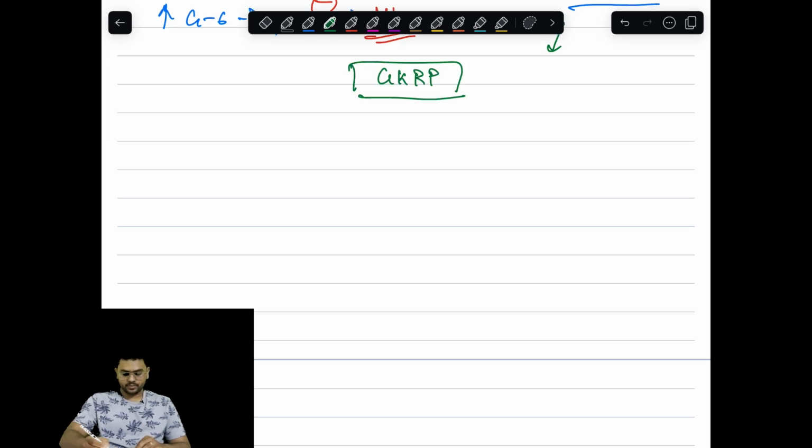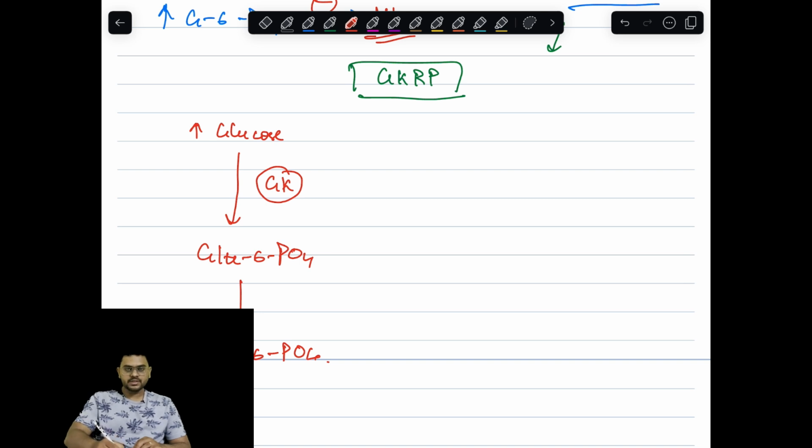Whenever the glucose levels in the body or in the blood are high, the glucokinase gets activated and it converts glucose to glucose 6 phosphate, and eventually glucose 6 phosphate gets converted to fructose 6 phosphate.